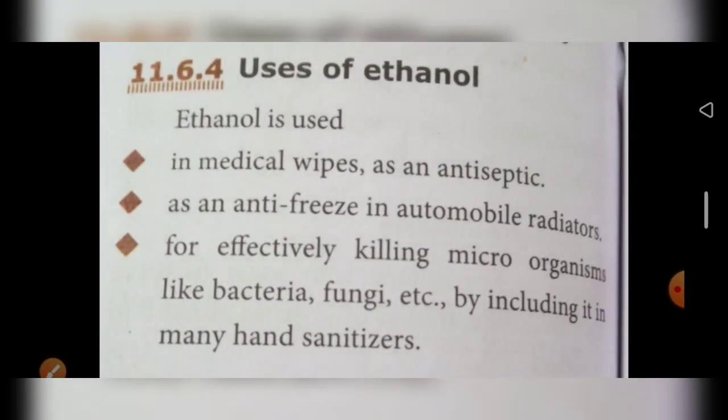Okay, next, in your book, what is given, we will see. Ethanol is used in medicine as an antiseptic, as an anti-freeze in automobile radiators, to effectively kill microorganisms like bacteria, fungi, etc. by including it in many hand sanitizers. Now we are using sanitizer for corona to kill the microorganisms.